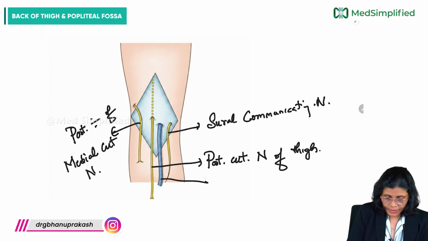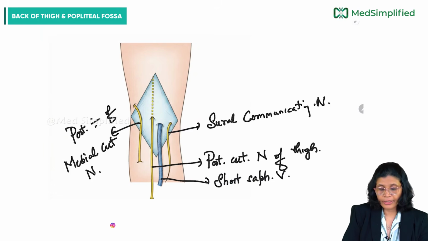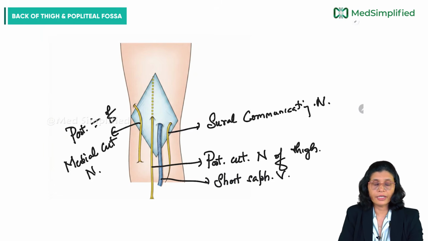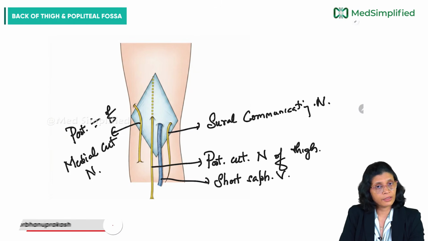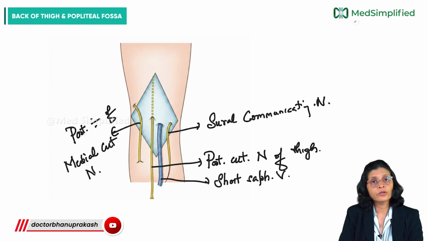And here we see the short saphenous vein, which will enter the fossa by piercing the roof. So these structures we see in the posterior wall, otherwise called the roof of the popliteal fossa.